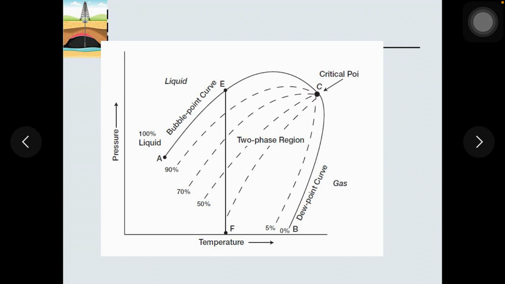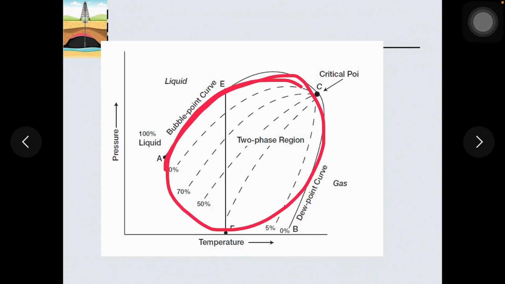Now this phase diagram you have studied previously in geochemistry, and if you see this carefully, the y-axis represents pressure, x-axis represents temperature, and this region is two-phase region where oil and gas coexist.